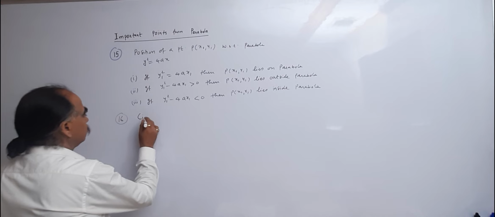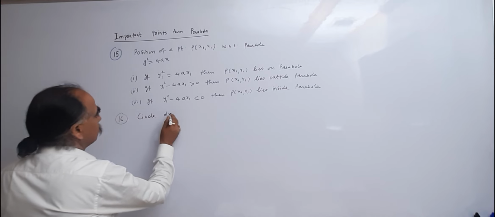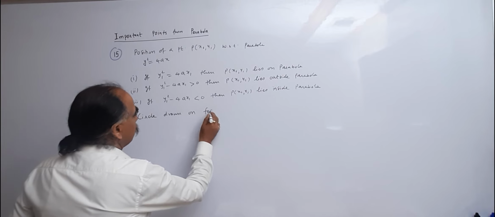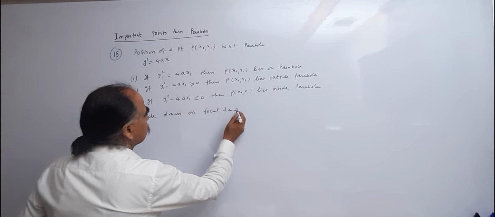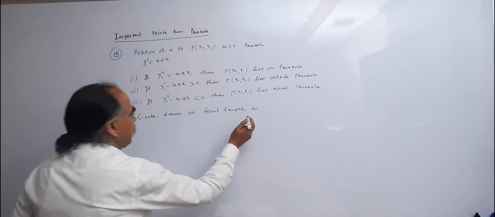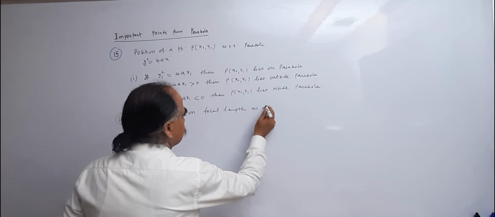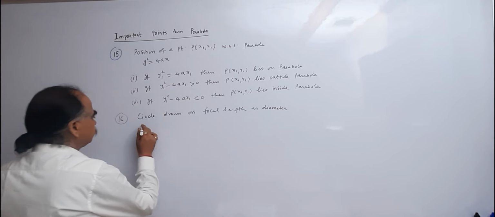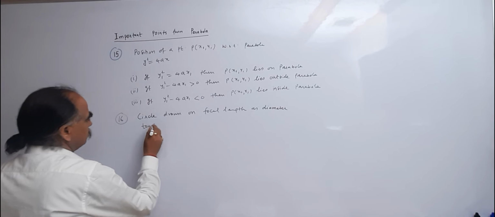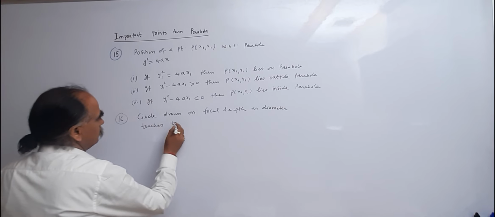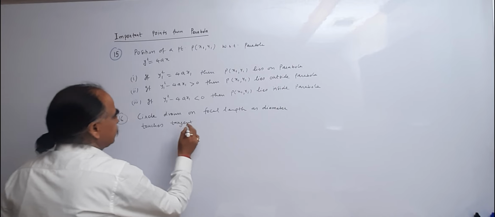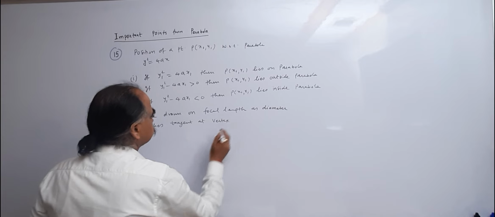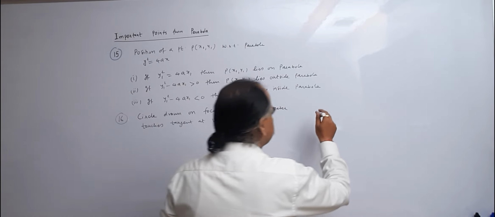The circle drawn on the focal length as diameter touches the tangent at the vertex. See the diagram.